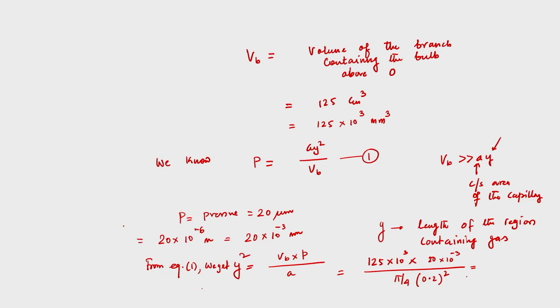So, if I calculate it, we will get Y is equal to 82.16 millimeter. So, this is the gauge reading for an absolute pressure of 20 micron.